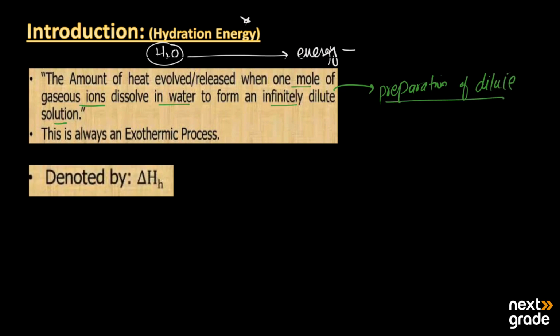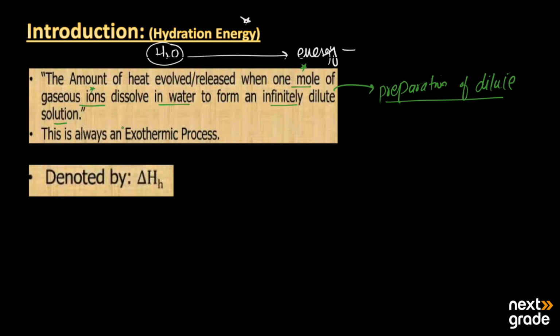As these dilute solutions are infinitely diluted, it means we don't know their finite point, how much they are diluted. So that's why we have to add 1 mole of gaseous ions and dissolve it in water. In turn, the energy will be released.